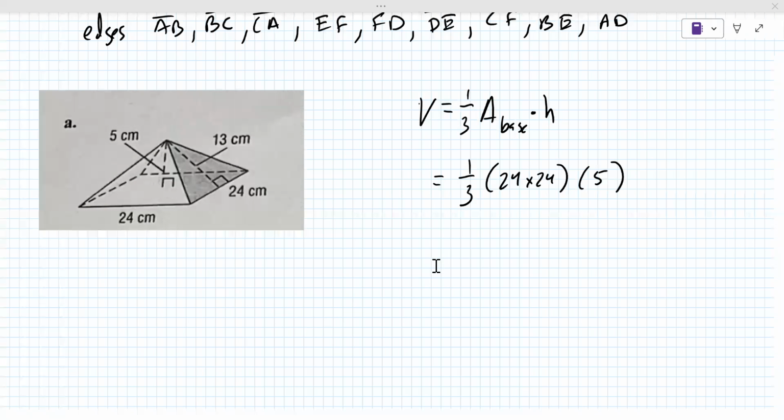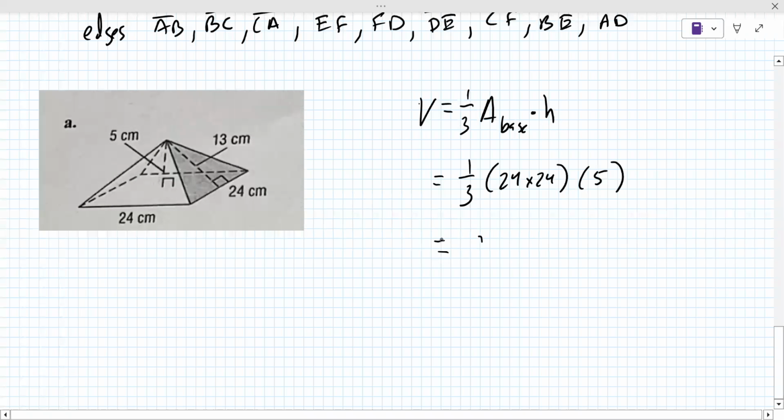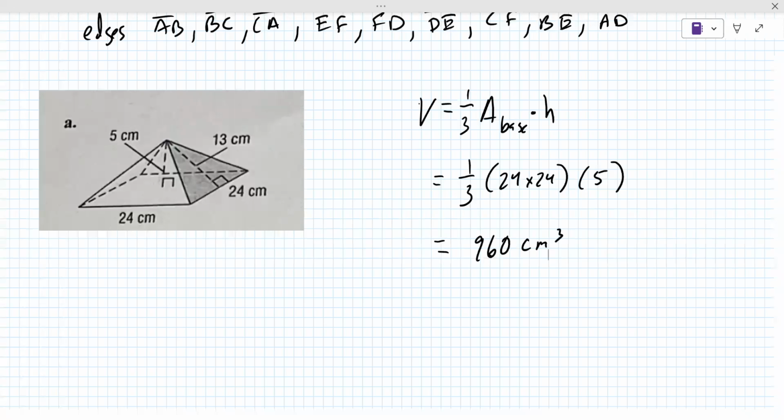So you can do it this way or another way. You will get 960 centimeters cubed for that. So 1/3 base times height is the easier one.